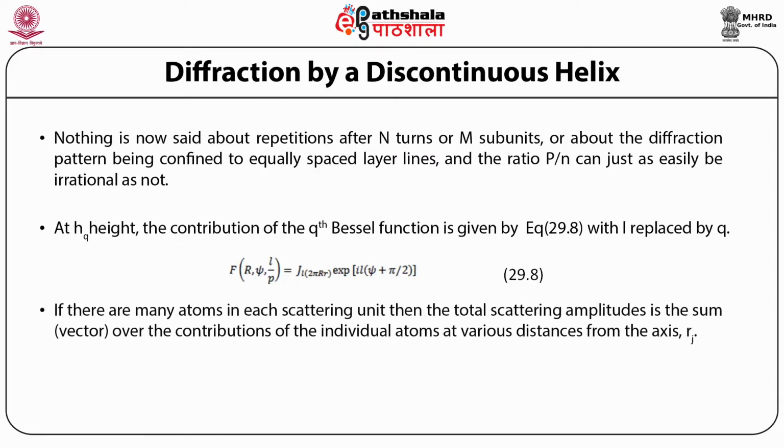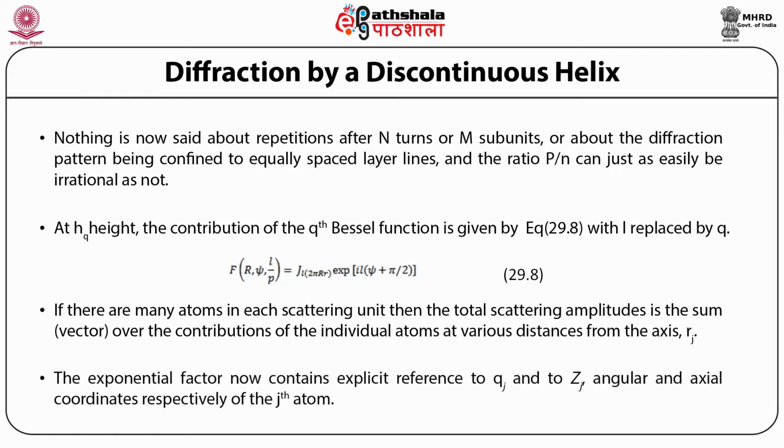If there are many atoms in each scattering unit, then the total scattering amplitude is a sum over the contributions of the individual atoms at various distances from the axis, Rj. The exponential factor in equation 29.8 now contains explicit reference to phi j and to zj, the angular and the coaxial coordinates respectively of the jth atom.